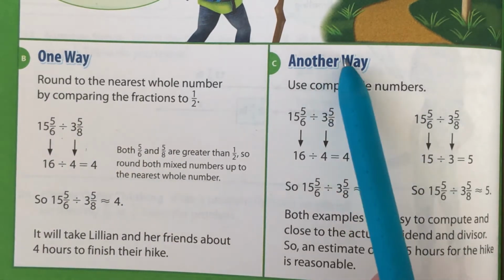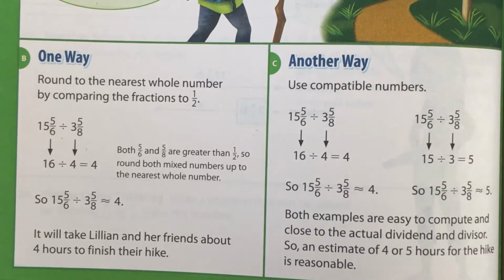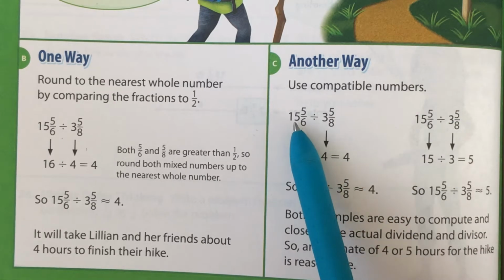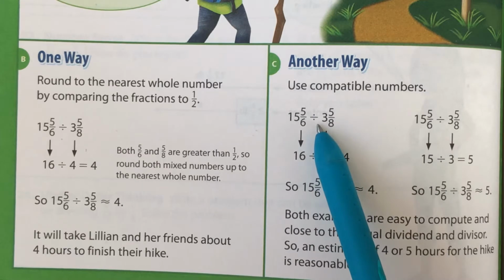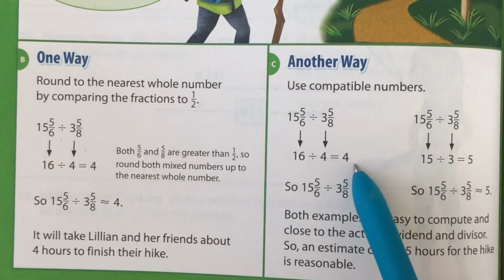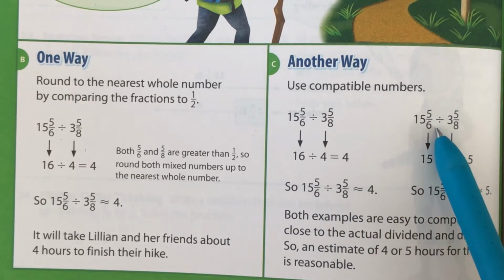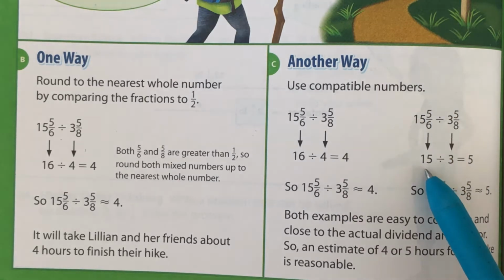The other way you can do it is using compatible numbers. So not necessarily following the rounding rules, but using numbers that are very close to the whole numbers. So for example, they made 15 5/6, 16, but they made 3 5/8, 4. So 16 divided by 4, they said about 4 hours. But then this one, they rounded 15 5/6, they actually made 15.